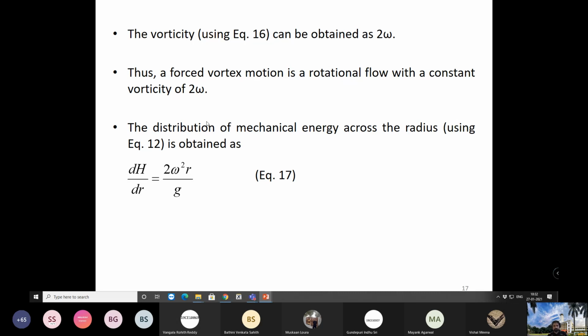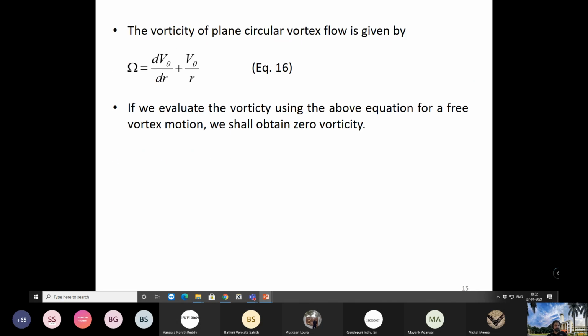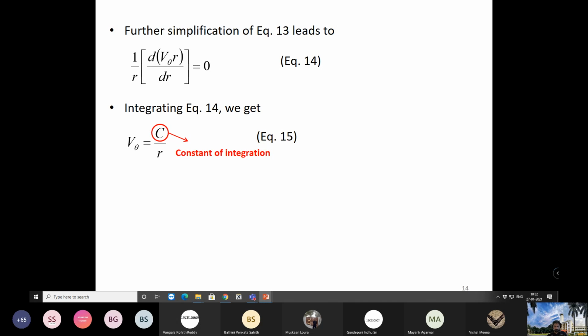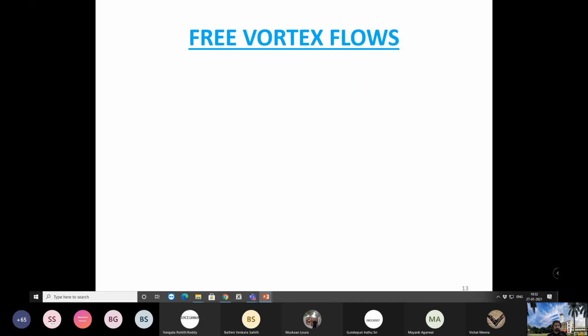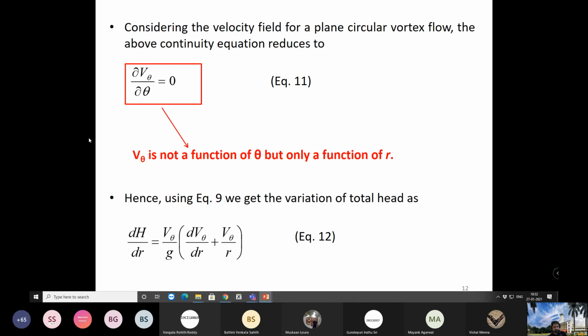And for the distribution of mechanical energy across the radius, we substitute this vorticity as 2 omega in equation 12. Which was equation 12? We derived this equation of the mechanical energy. Yes, this one. dH by dr is equal to V theta by g times the vorticity. You remember this is 2 omega, right?